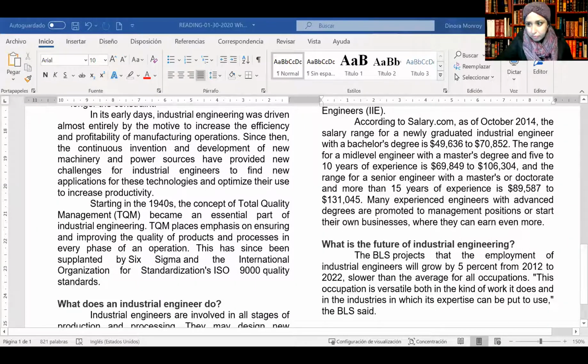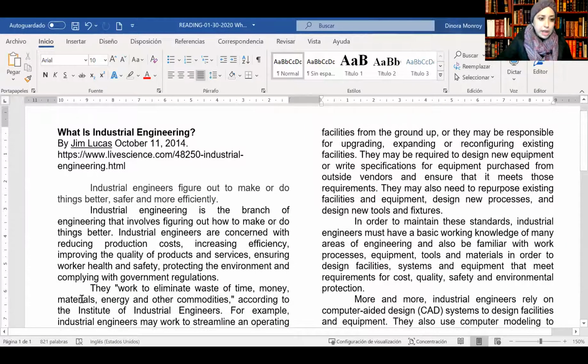So what I want you to do with this reading is, I'm going to start sharing it again. I want you to take the time, check it, go back to it when you have time. For example, "Since the beginning, industrial engineers figure out how to make our things better, safer, and more efficiently."